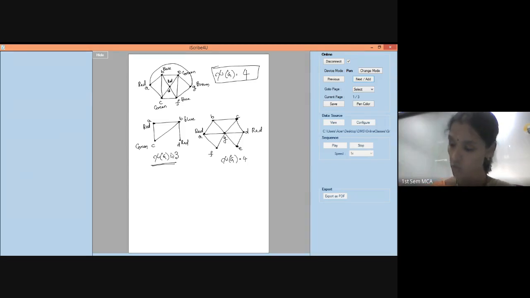Next I will take B as blue. If I take B as blue, C can't be blue, G can't be blue, whereas F can be blue. If I make F blue, G can't be blue, C can't be blue, E can be blue.